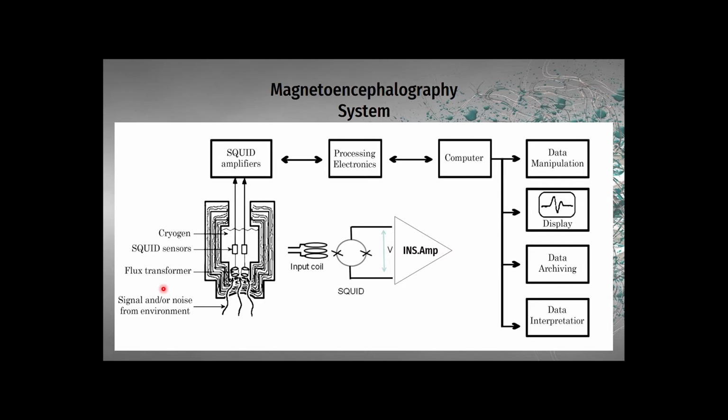What the SQUID does is that it receives the magnetic fields and generates a potential on the output. Now this voltage signal needs to be processed the same way as an EEG signal is processed, and for that we use the same components. And of course we are going to have an instrumentation amplifier at the output of the SQUID.